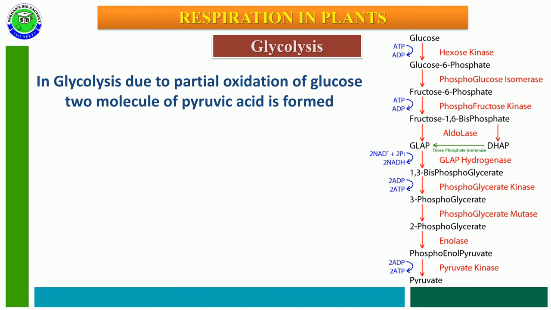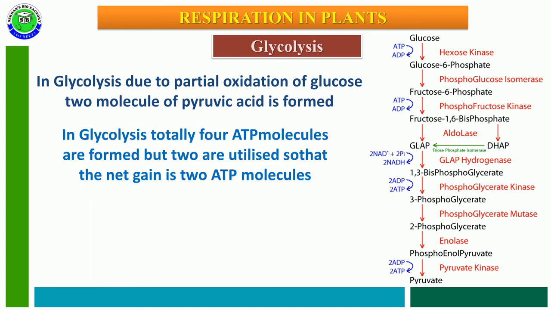In glycolysis, due to partial oxidation of the glucose molecule, 2 pyruvic acid or pyruvate molecules are formed with 10 steps. And in this glycolysis, totally 4 ATP molecules are formed.